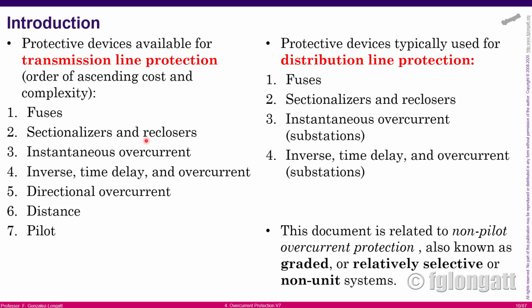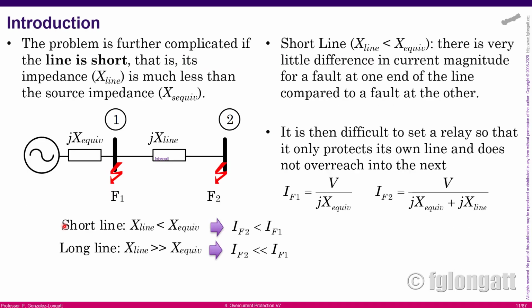However, what we typically do is enable a functionality in the power circuit breaker that allows reclose. Instantaneous overcurrent relay and some other functionalities. Directional overcurrent is quite typically used in transmission systems, and also distance protection and pilot protections, they are quite typical at the transmission side.